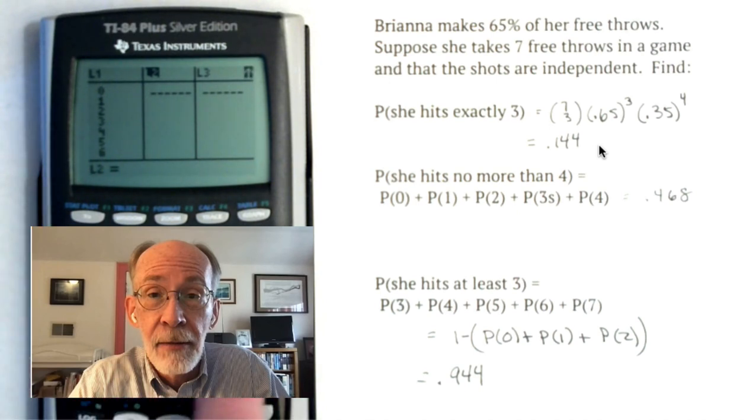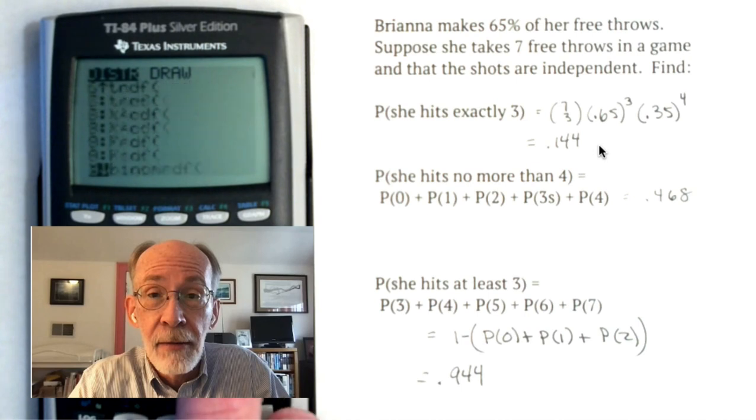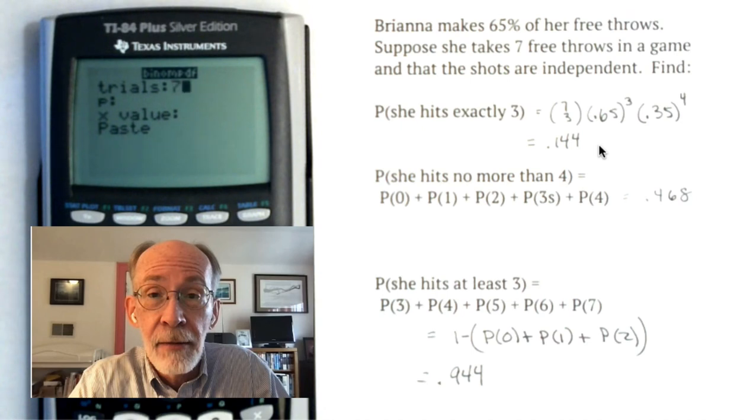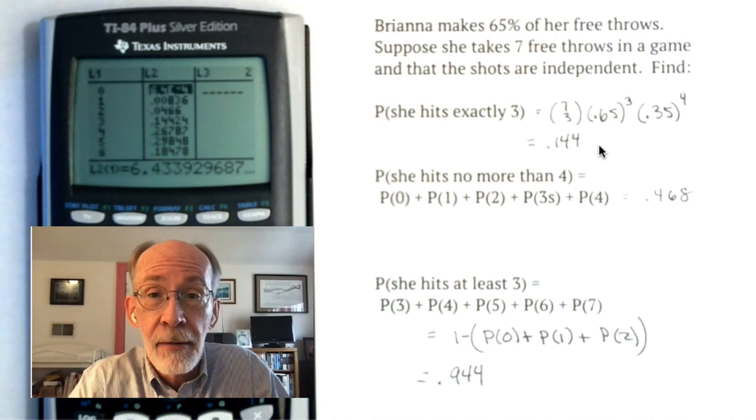So second, DISTR, down to binompdf, and then we have the trials, we have the 0.65, and then for the x value, we're just going to say to look in L1. And then we'll paste it in, and we'll hit enter. And there is the entire probability distribution. The probability for all the numbers of successes from 0 to 7 when n is 7 and p is 0.65. Sometimes it's a handy thing to be able to just have them all and be able to look at them.